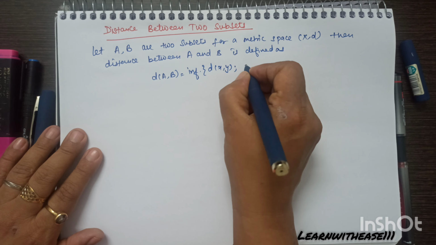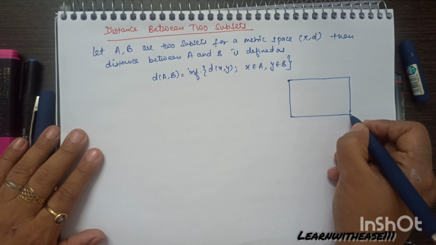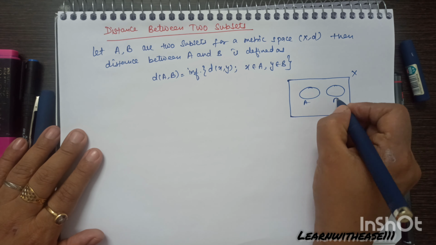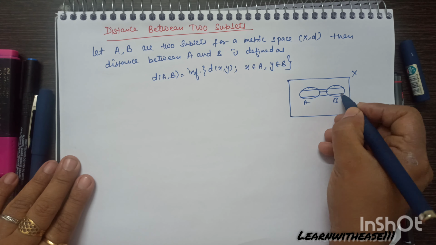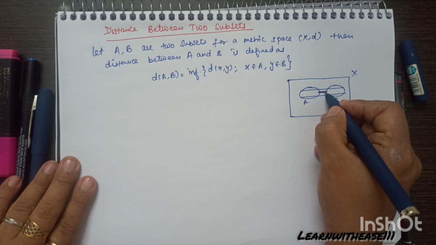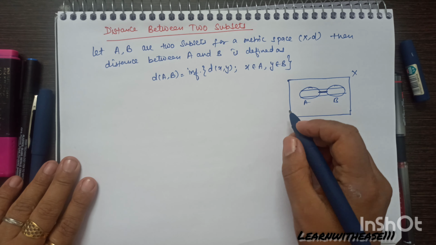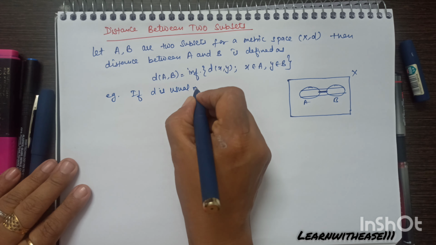So the distance between A and B is the infimum of all the distances taken from points in the two different sets. Suppose A and B are like this, the distance can be calculated with any two points in between the sets, but the minimum distance, the smallest line in the diagram, is the distance between A and B.